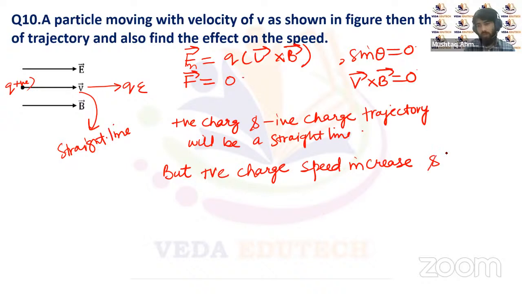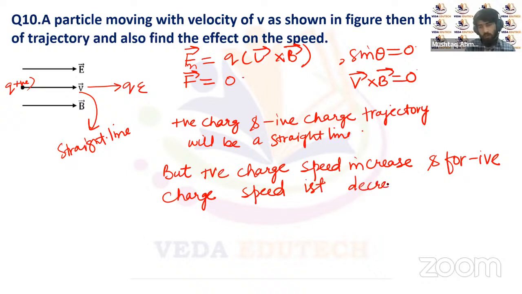And for negative charge, since the force will be opposite to the direction of the velocity, the speed first decreases and then increases in the opposite direction.